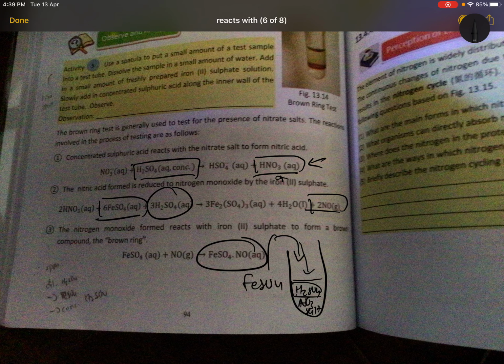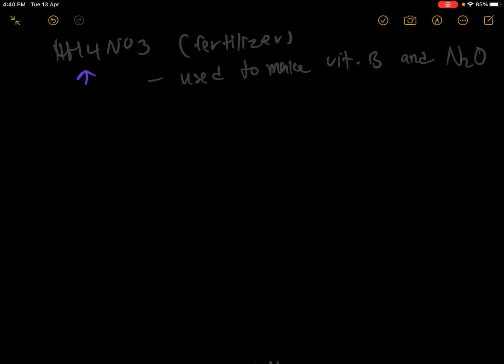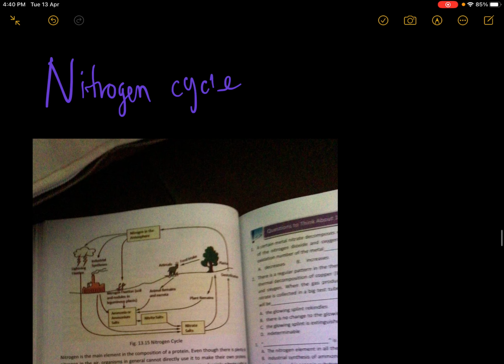The HNO3 reacts with the FeSO4 that was dipped in. It will produce nitrogen monoxide. And then there is going to still be some FeSO4 in here. So if you put more FeSO4 in here, this nitrogen monoxide will react with the FeSO4, and then you'll see some brown ring around it. Something brown will appear. That's the brown ring.